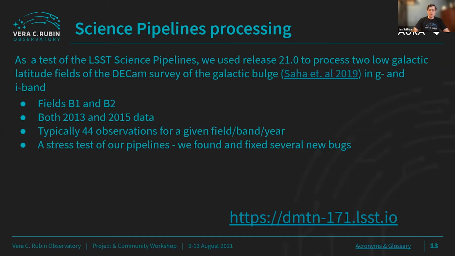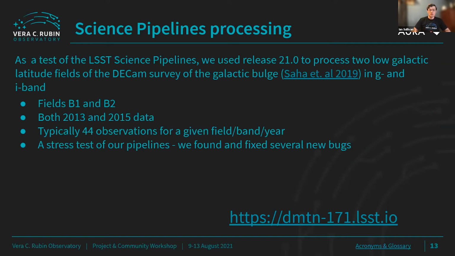I wanted to have multiple fields and multiple bands in order to make sure I wasn't isolating on one special case, but this was not meant to be a complete processing of the entire survey. So it was restricted to just these bands and these fields.